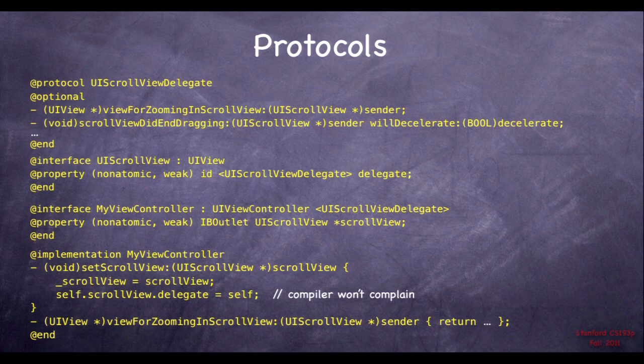So for example, in the setter for that outlet, the scroll view outlet, it does _scrollView = scrollView, which is what setters do. And then it says self.scrollView.delegate = self. It sets itself to be that scroll view's delegate. And now methods like this one here, viewForZoomingInScrollView, which is a scroll view delegate method, will be sent to MyViewController because it set itself as the delegate.